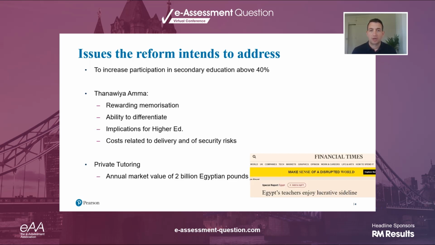This causes a greater amount of social disparity because it's the richer parents who will obviously pay for that teacher to tutor their students, their children privately. That tutoring is focused on ensuring that student has the best chance of remembering the course content.